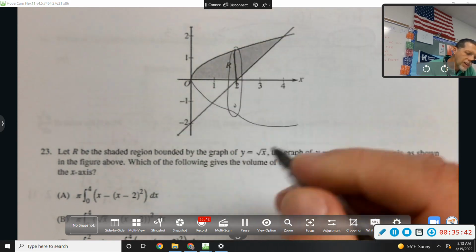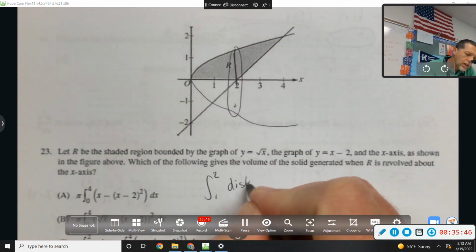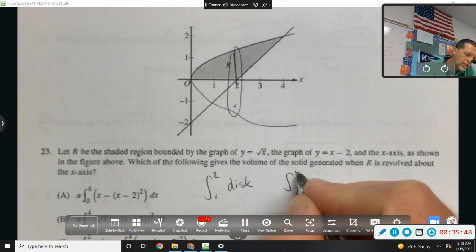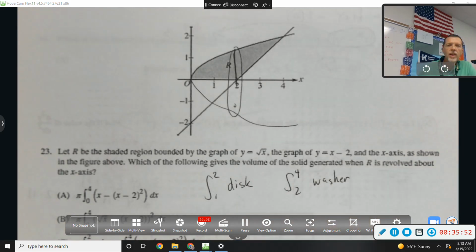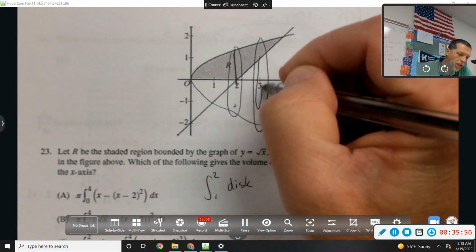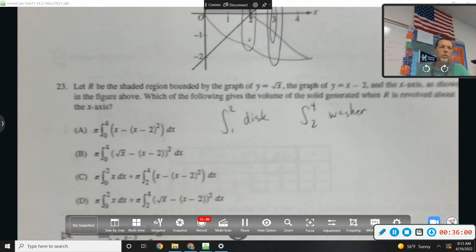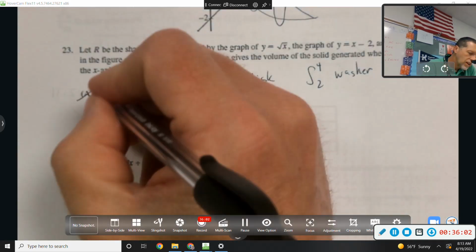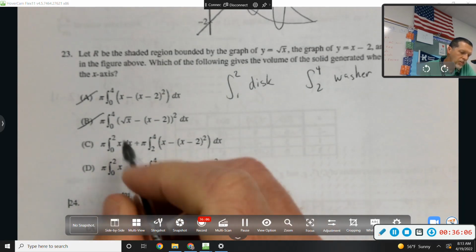So 1 to 2 is a disk, and 2 to 4 is a washer. Most of you caught that. And so you were down to C and D because you got a disk and a washer. The disks are the same, so that must be right.